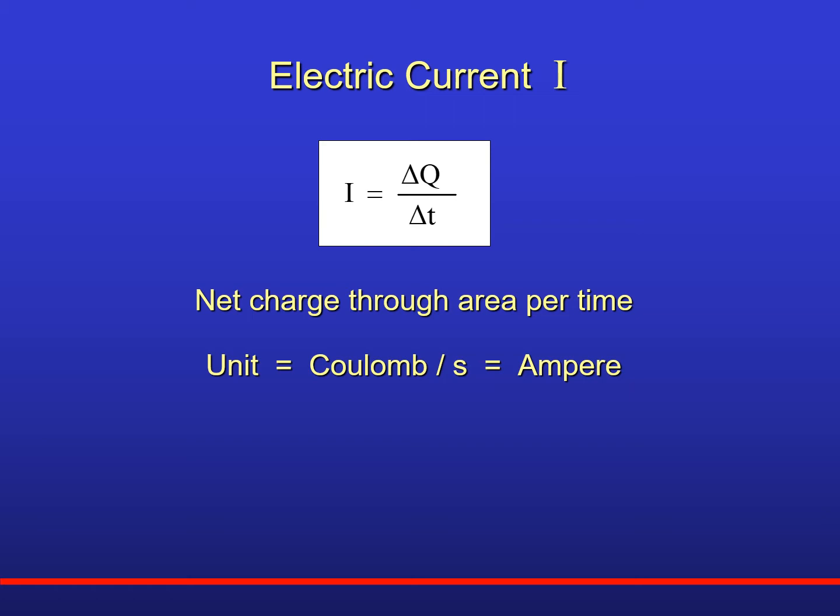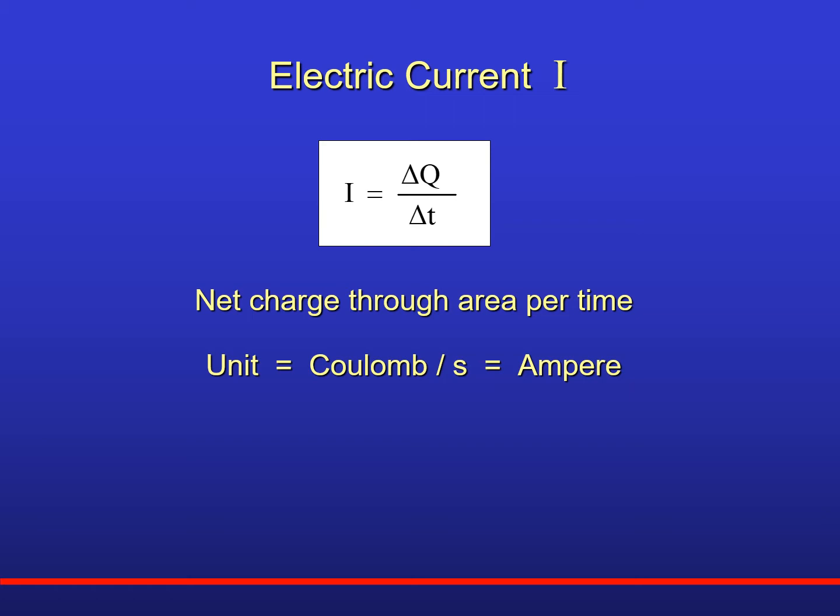But that's a small flow. Whereas a fire hose may be a similar velocity but a very large flow. A river may be a very slow velocity but a large amount of water because of a large cross-sectional area. So it's the amount of material moving through an area per time, or amount of charge moving through an area per time.